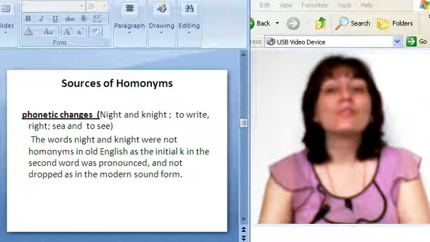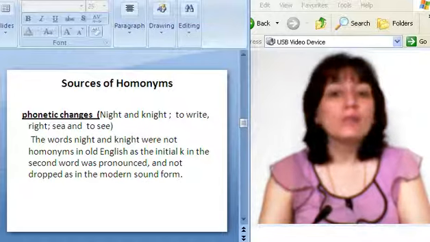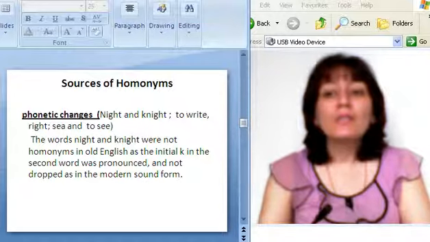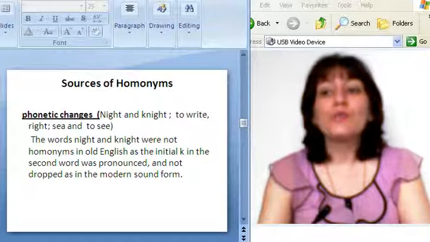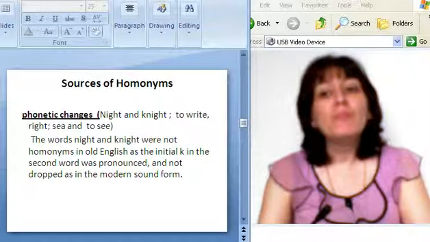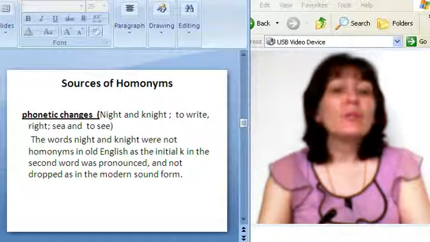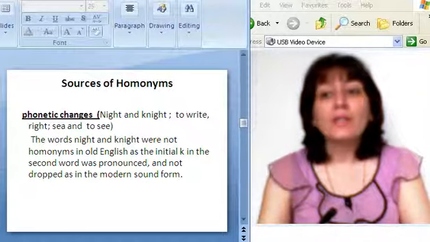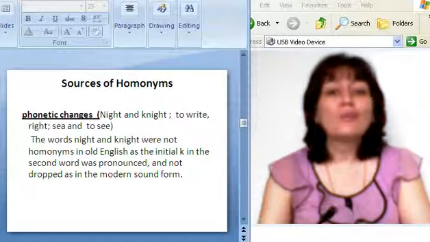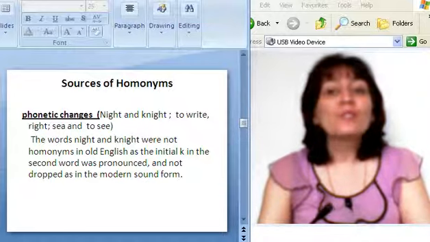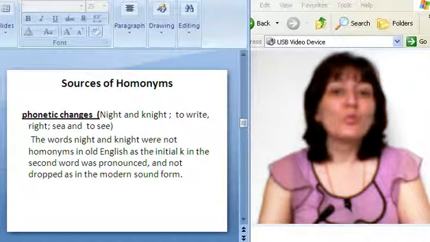As a result of such changes, two or more words which were formerly pronounced differently may develop identical sound forms and thus become homonyms. For example, knight and night. They were not homonyms in Old English. Why? Because the initial K in the first word was pronounced and not dropped as it is in the modern sound form.